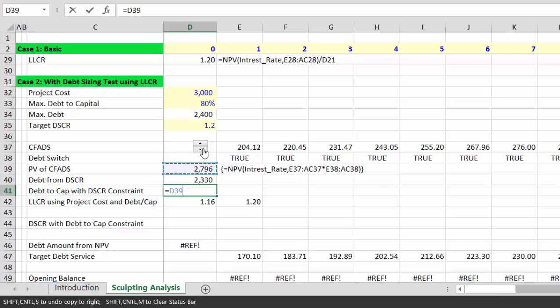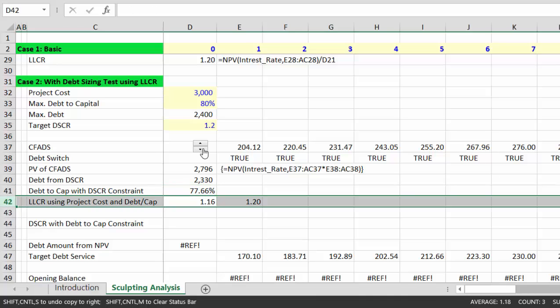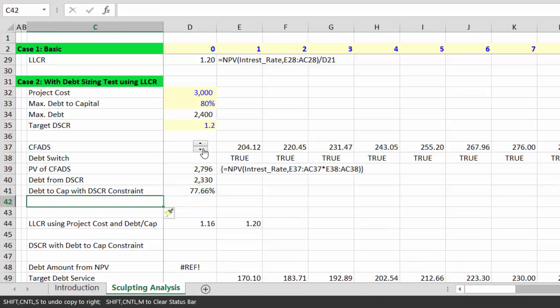Apologizing really for this. So this is the PV of the, excuse me, this is the amount of debt divided by the project costs, Shift Control P. So we're okay. Now I can put constraint applied.